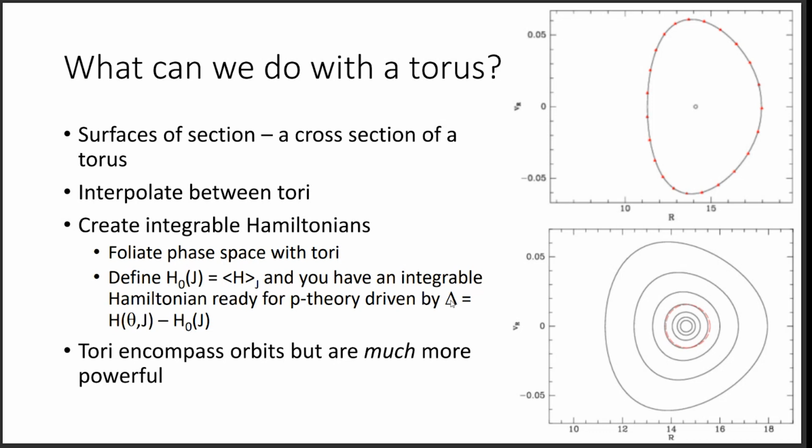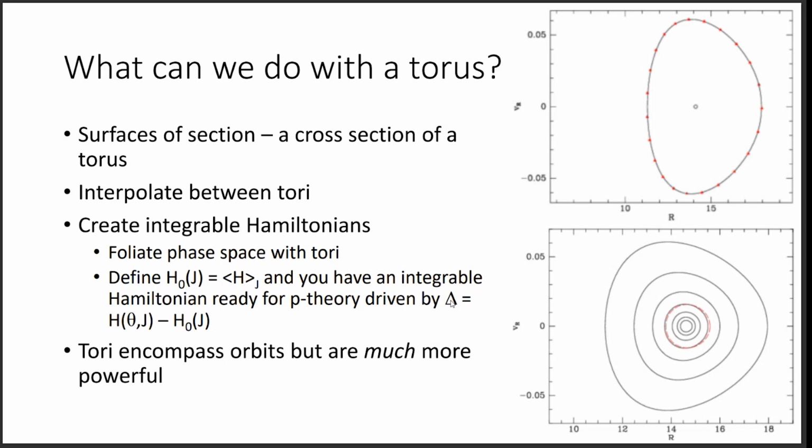it's constant on tori. This illustrates, I think, also an interesting point, which is you can see now, I hope, that a given set of tori, a given foliation of phase space, corresponds to an arbitrarily large number of Hamiltonians, because you can assign any number you like.